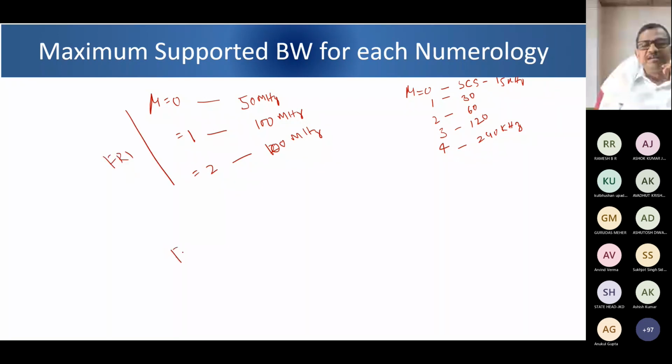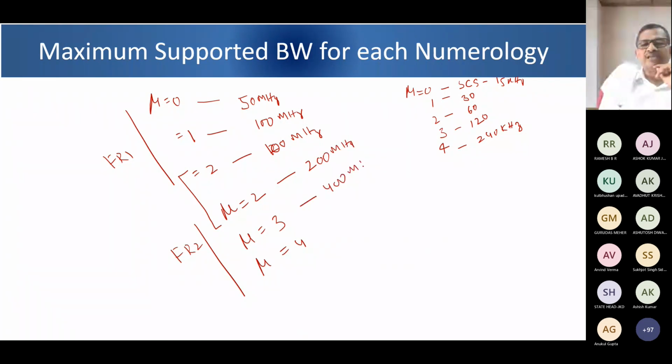In FR2, I'll be using mu equal to 2. So I said that mu2 is on both sides, in FR1 also and FR2 also. In case of mu2, I can go up to 200 megahertz. In case of mu3, I can go up to 400 megahertz. And in case of mu4, it is only used for signaling, so this is not defined.